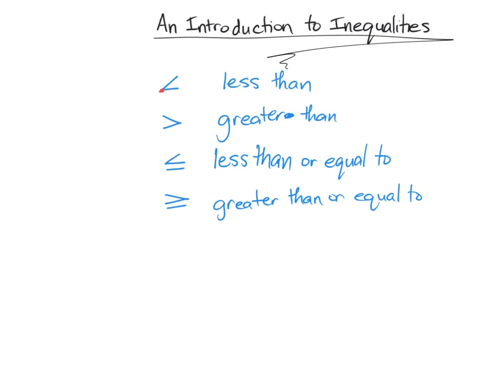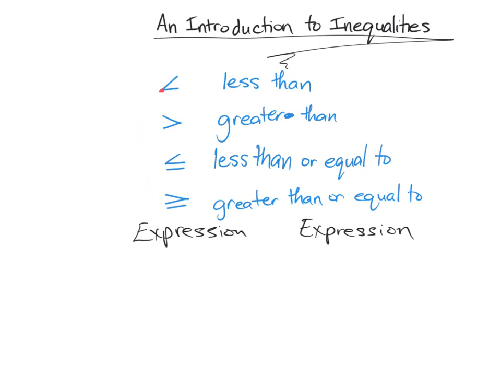So now an inequality is also a mathematical phrase in which one expression is related to another expression. So we have 2 expressions, an expression on the left, an expression on the right, and they're related in one of these ways.